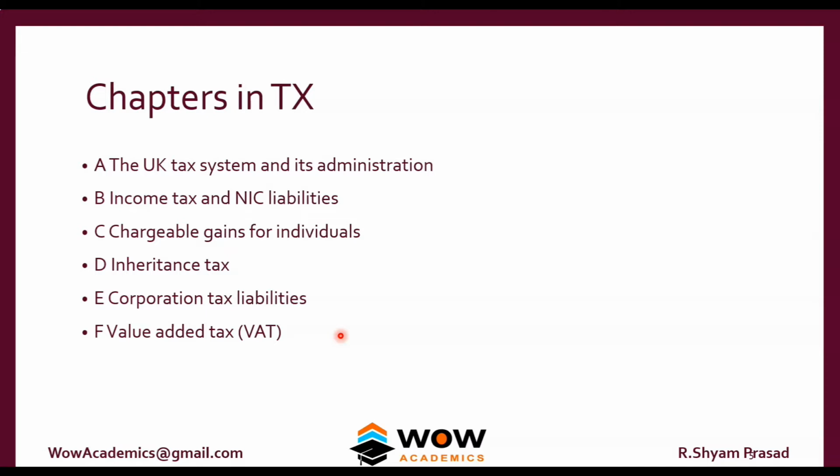These chapter areas are the major areas here. This is the syllabus area here. Each textbook will have the chapters arranged in a different manner than what is depicted here, but ultimately both Kaplan and BPP will cover the entire chapters.